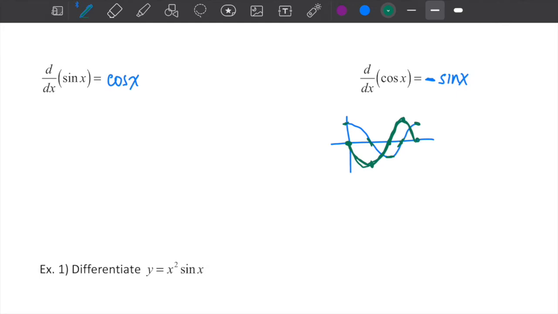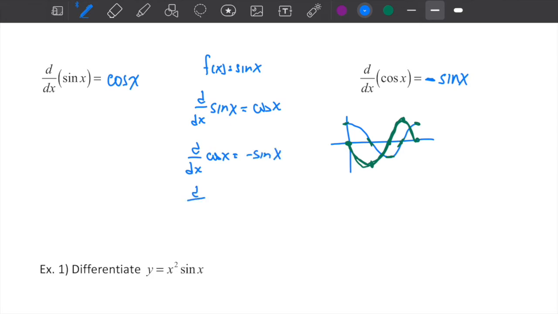So there's this cyclical nature. If we do the derivative of sine of x, it gets us cosine of x. If we take the derivative of cosine of x, it gets us negative sine of x.